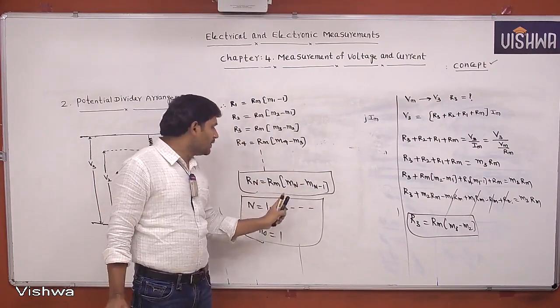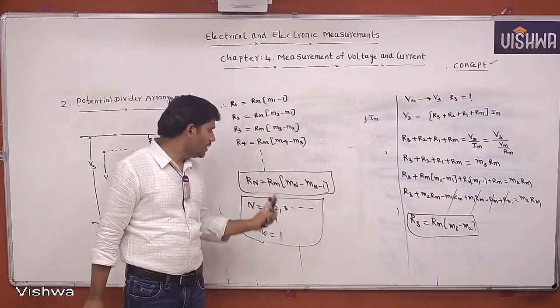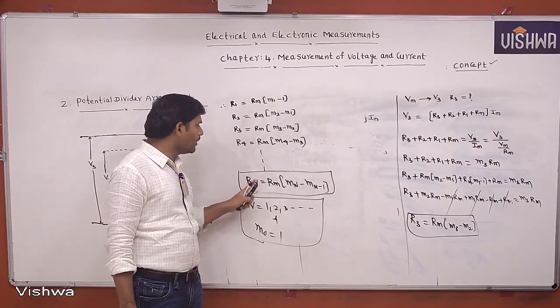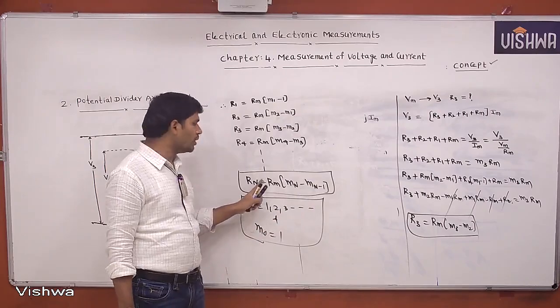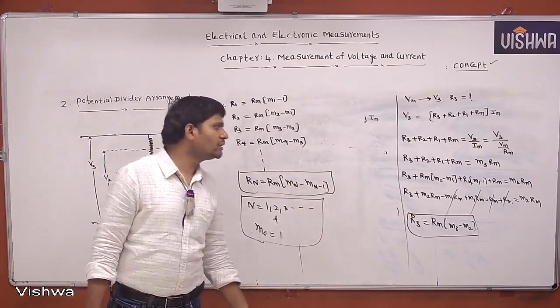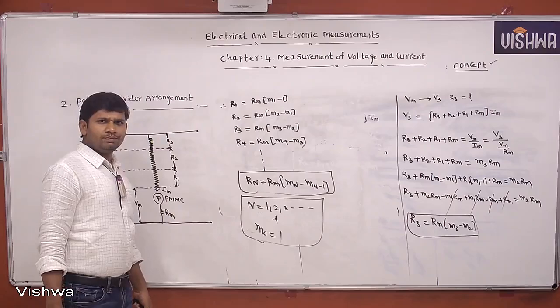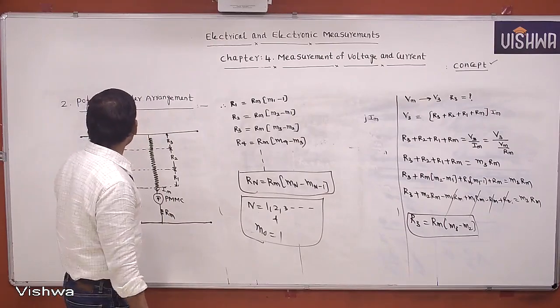That's why in this formula you substitute M0 equal to 1, then the remaining formulas you can get. If you want R2, n equals 2, you substitute R2 equals Rm into M2 minus M1. If you want R3, n equals 3, Rm into M3 minus M2. This is the design of potential divider arrangement. Like this, by using individual series multipliers, we are implementing voltmeters.